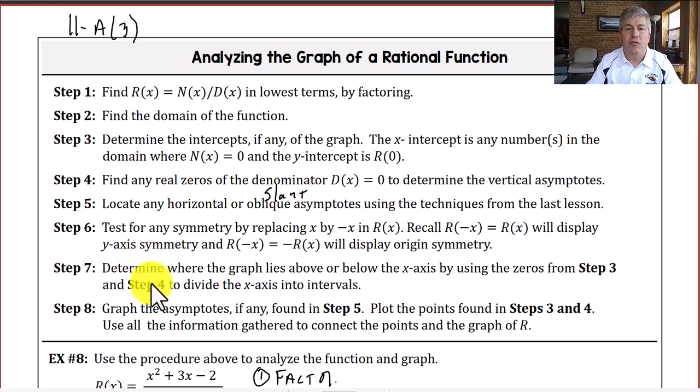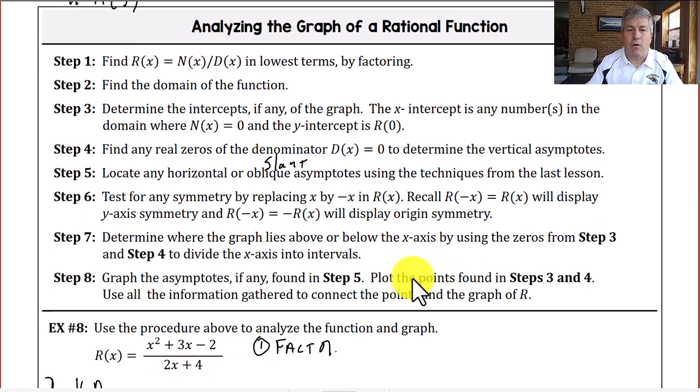And then determine where the graph lies, using the test for zeros or positive or negative. A lot of times you don't even have to test because you've got your bridges and you know exactly where that's going to go. And then step 8 says graph any asymptotes, if any, found in step 5. Those are things I do really early on and plot.